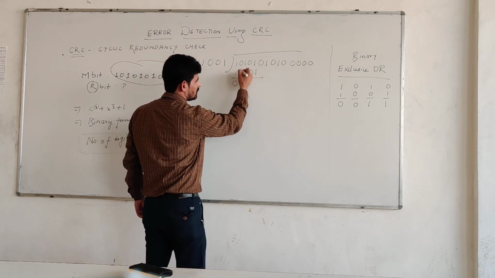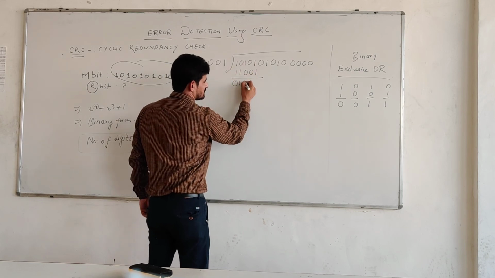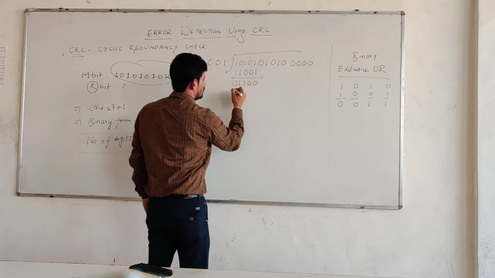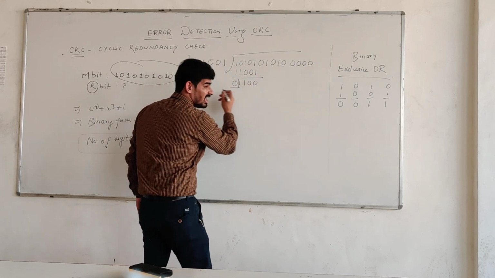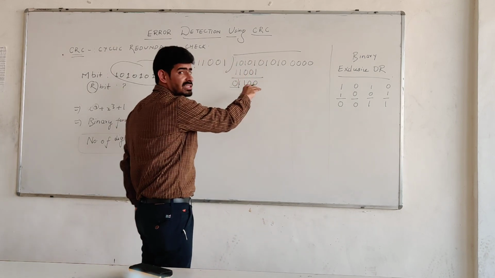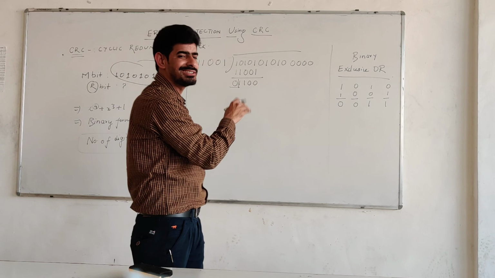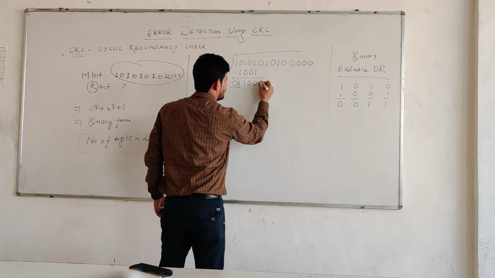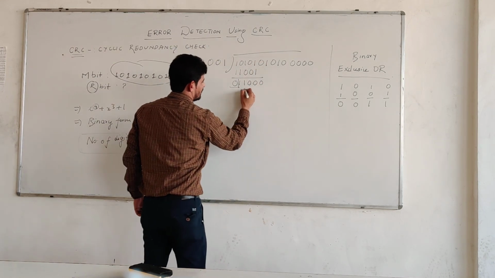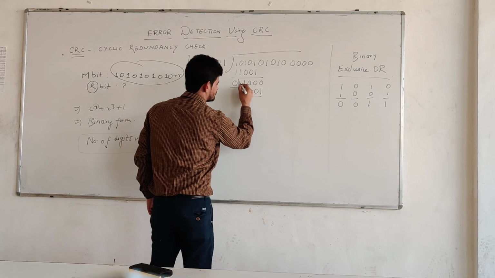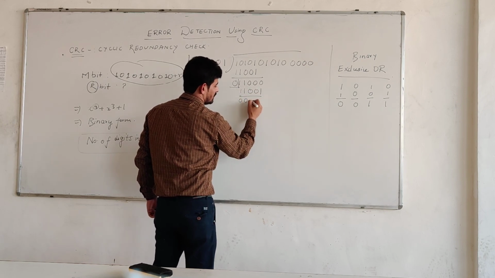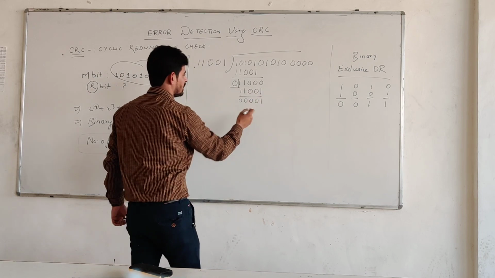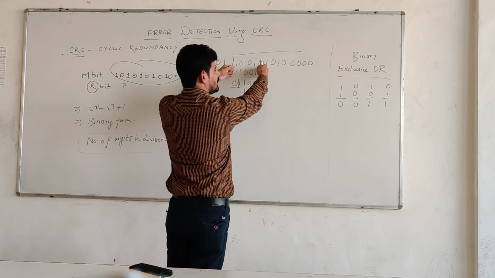Similar digits 0, different digits 1, different digits 1, similar digits 0, and similar digits 0. We always use the leftmost part, and until all the digits get resolved, we will bring down digits from the left. So what will we add? 0. We will add 0 to it. And now 11001. That is similar digits 0, similar digits 0, different digits 1, similar digits 0, similar digits 0, and different digits 1. So till this part we have divided it.